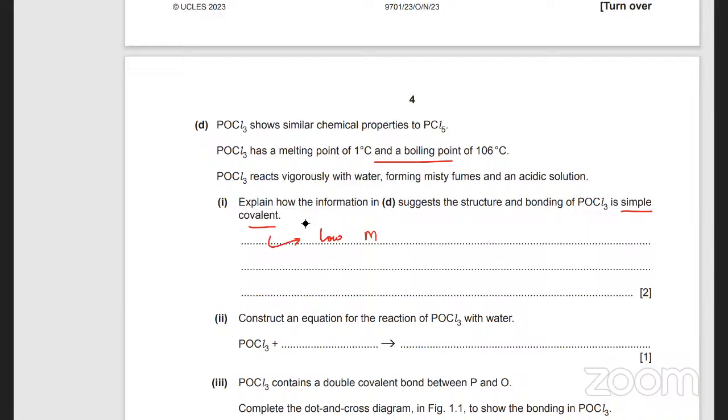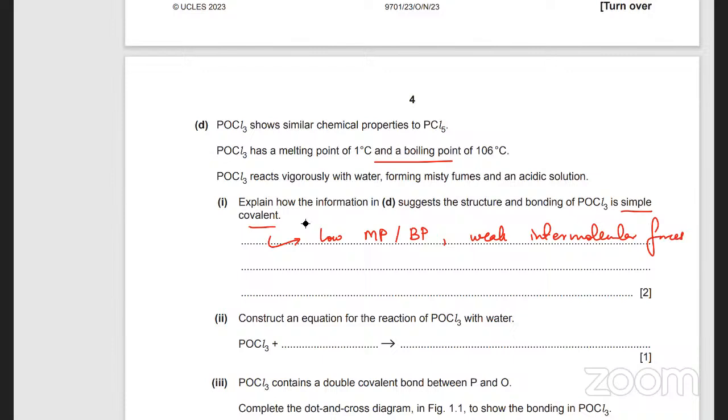Because the bonds can easily be broken. Not the bonds. What do simple covalent compounds have? The intermolecular forces. So they're going to have weak intermolecular forces.